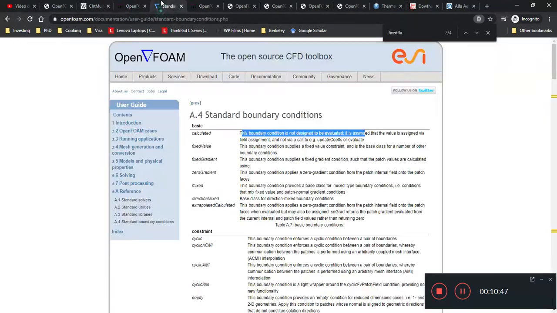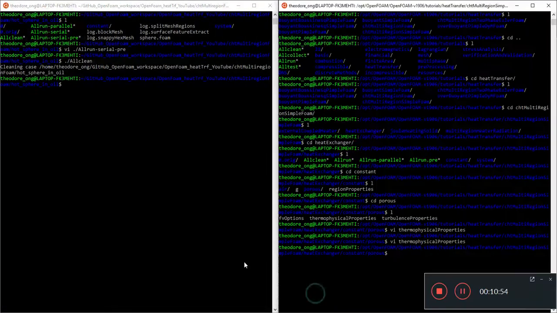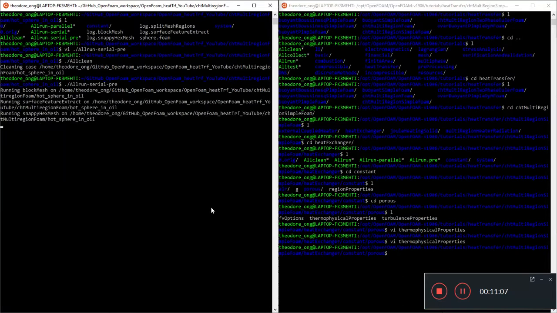Therefore we cannot just use 0 gradient, we have to use fixed flux pressure instead. So that's how we're going to change the boundary condition. Let's try all run 0 pre. Okay, and this should be able to do our change dictionary. Hopefully things run well and we'll get the expected results we want, which is all the boundary conditions are written correctly.